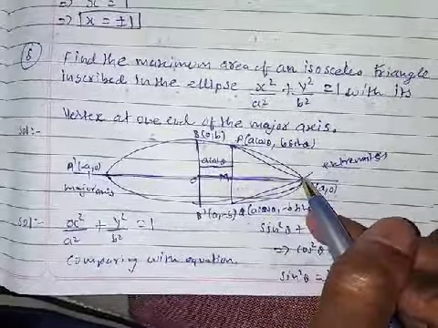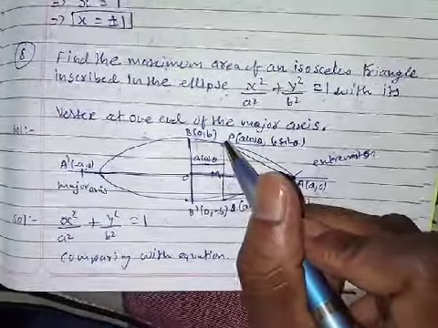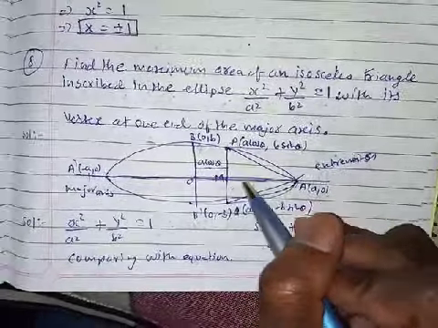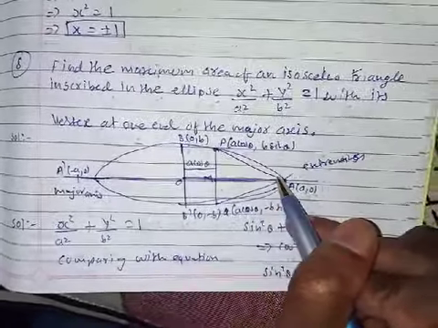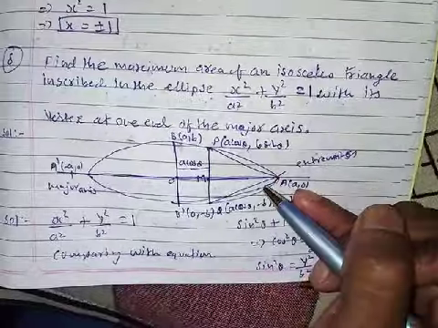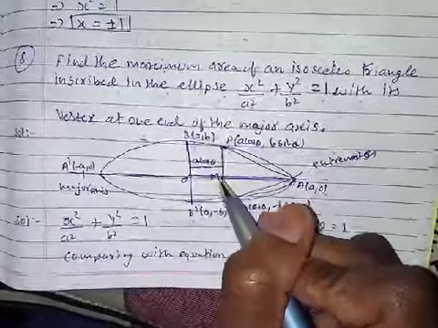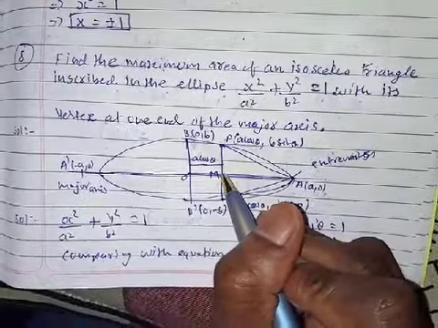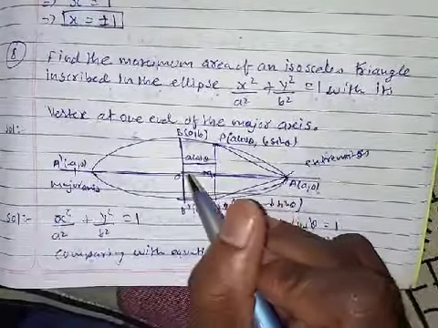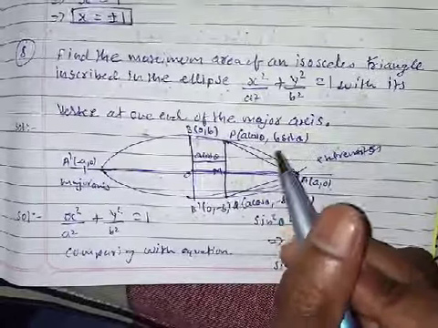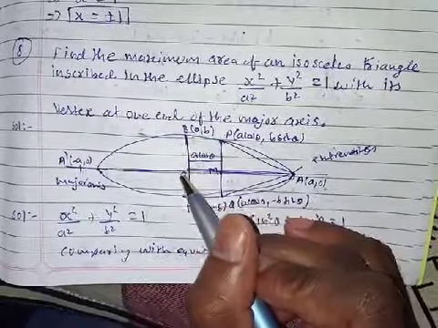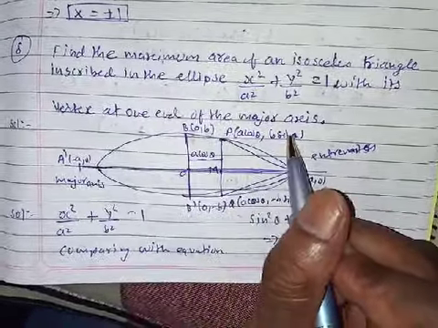So P is on the x-axis, so we say that it is a cos theta. Got it? And this is b sin theta.